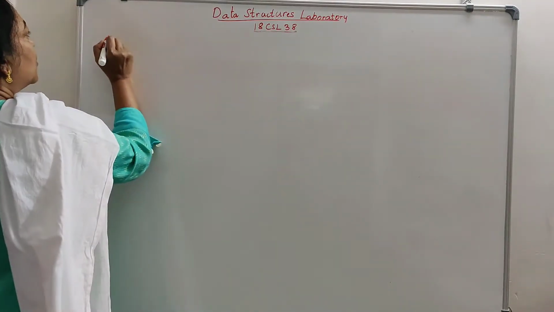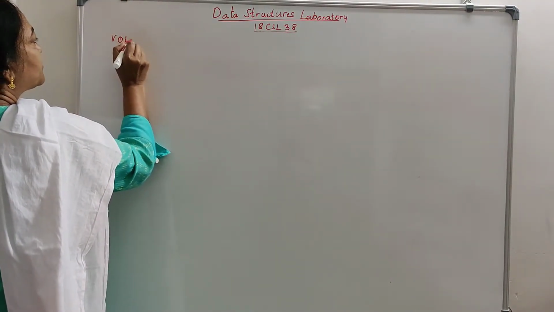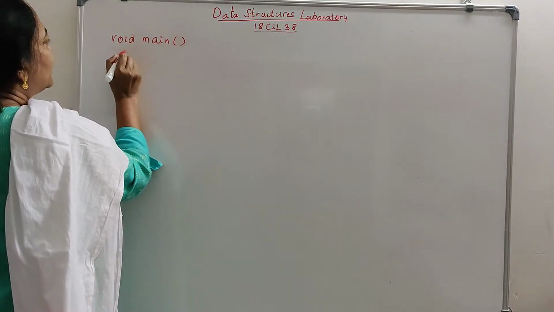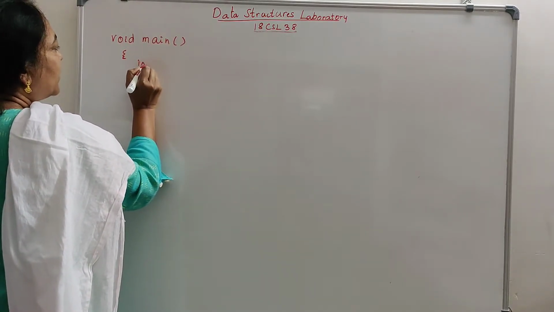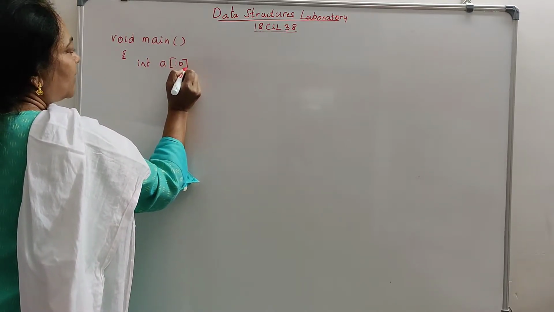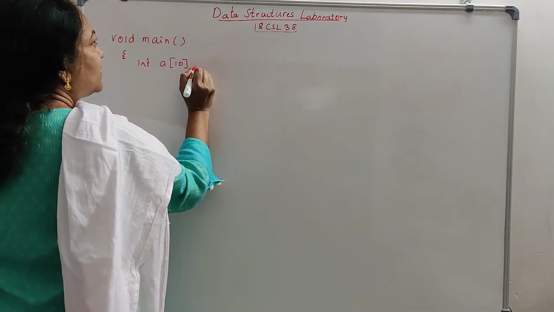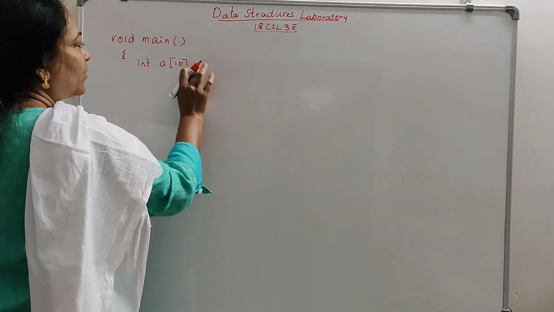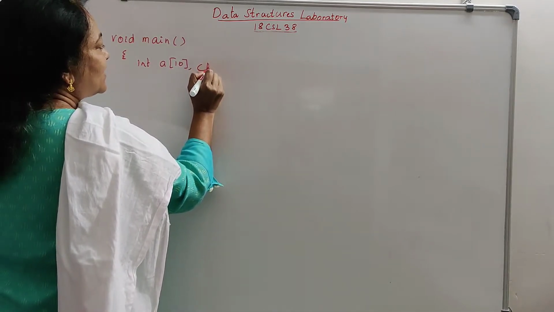So this is void main, and here I'm going to declare the elements. So int a, I'm declaring an array. N is not needed because it is a global variable, and I'm going to use one ch.